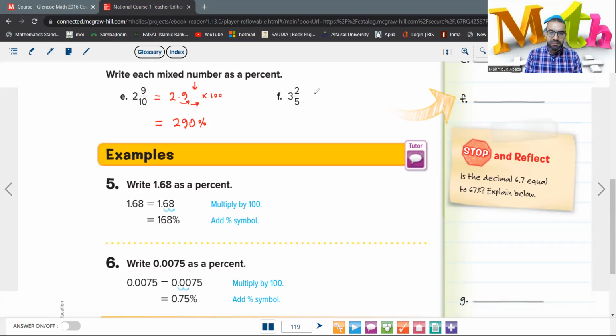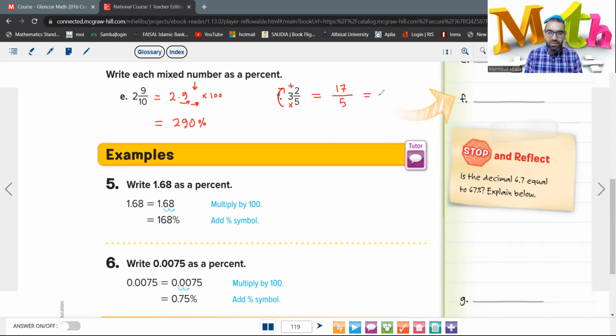This number, we can follow the fraction style now, from down to up, multiply, then add. 5 multiplied by 3, 15 plus 2, 17, over the same 5.